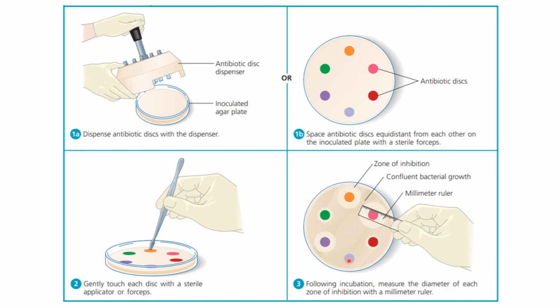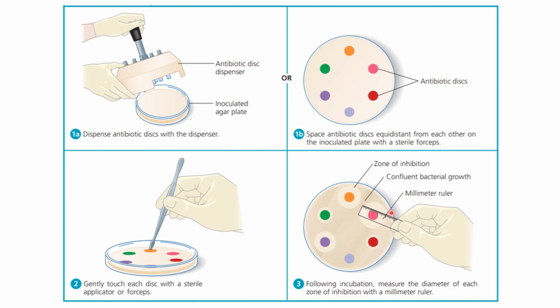Essentially that means that antibiotic was not active. And then we can correlate this to whether it's really susceptible, or whether there is some sort of intermediate resistance going on. So we can measure the zone of inhibition.